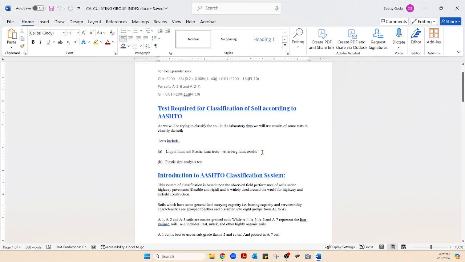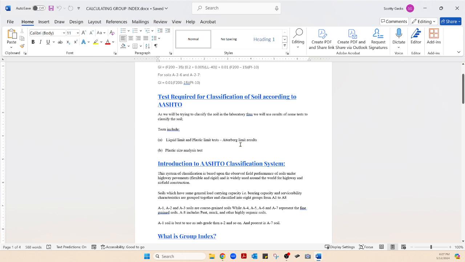You may remember this from your certificate program days. You have your liquid limit, and then you have your plastic limit, and that's when the soil changes from a liquid to a plastic to a solid. That's the real basics of it.